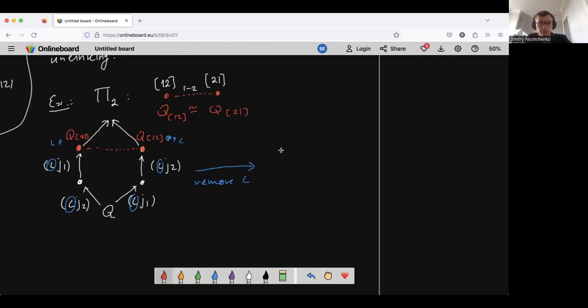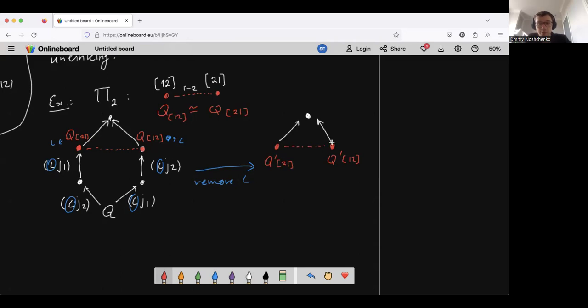The statement is that we only obtain this top part, where we have some Q' 1,2 and Q' 2,1.